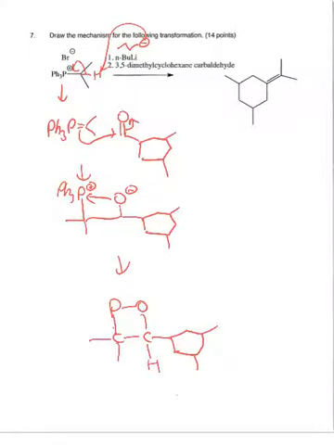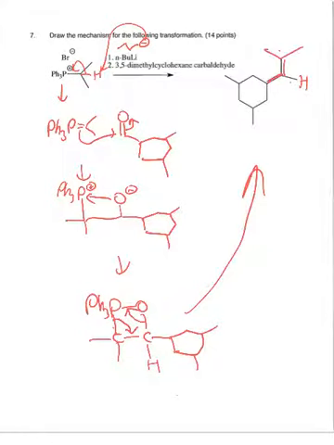This carbon has 2 methyls and the phosphorus has the 3 phenyls. Then the carbon-oxygen bond breaks with the electrons going to oxygen because it's more electronegative, and the carbon-phosphorus bond going to the carbon, and that gets us to our product, which unfortunately I had drawn wrong on the test, and it really looks like that with the double bond on the carbon off of the ring, not off of the ring itself.